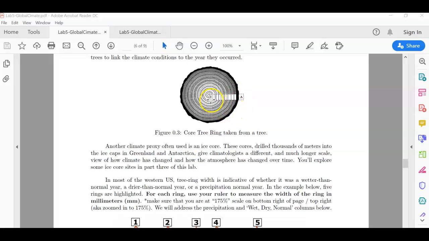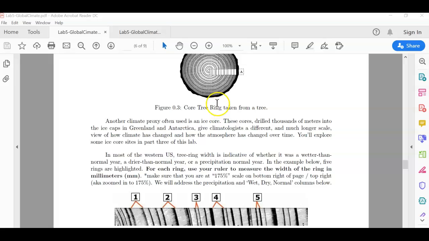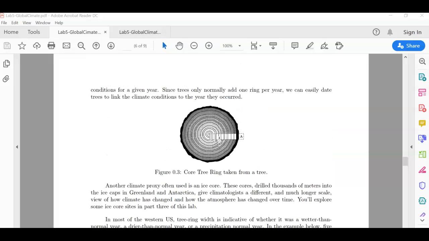In this case, there's 1, 2, 3, 4, 5, 6, 7, 8, 9, 10, 11, 12, 13, about 14 or 15 years recorded in this specific tree ring. And then based on the length and the colors of them, we can determine the precipitation and the temperature at the time when that specific tree ring formed.